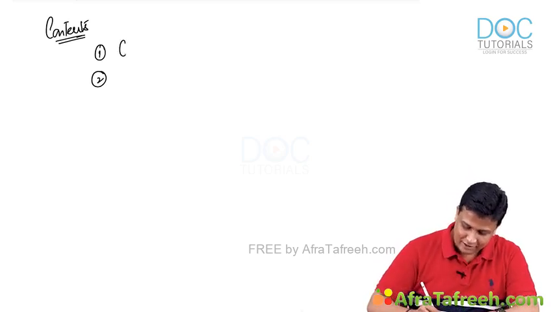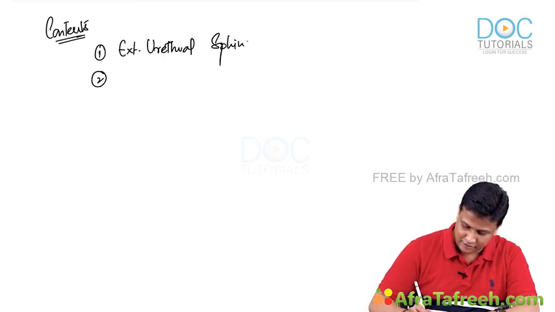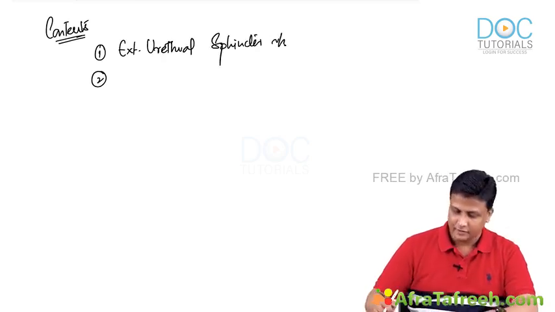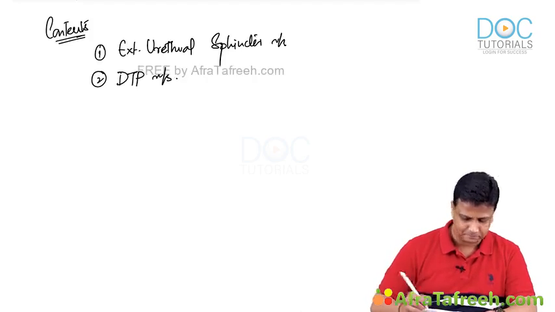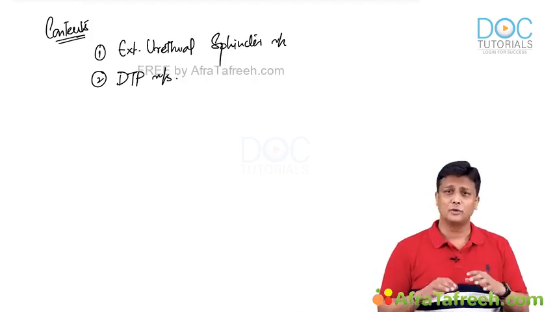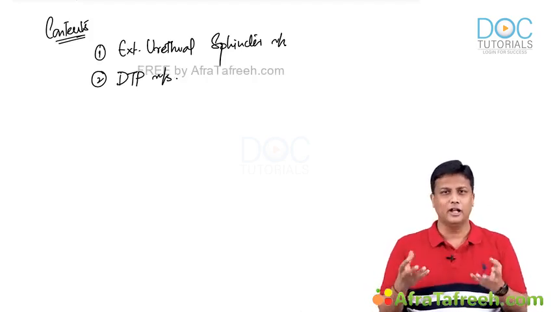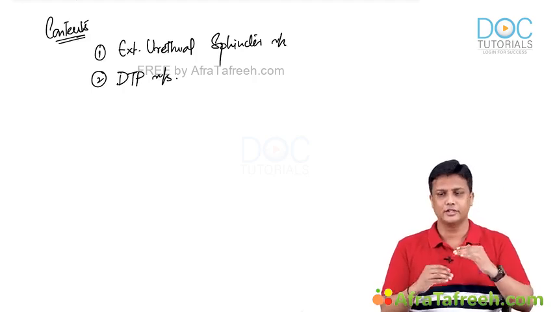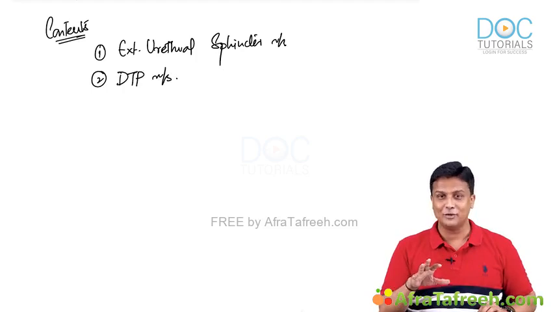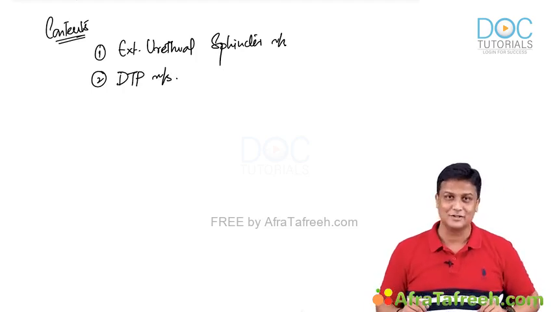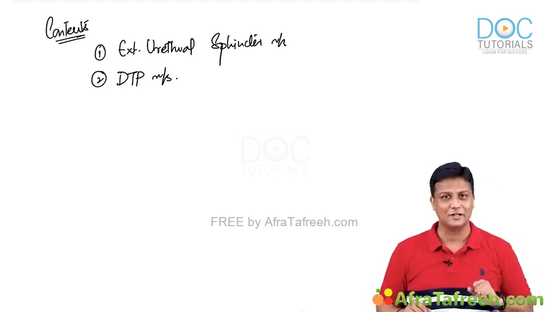One is the external urethral sphincter muscle, and another one is the DTP, deep transverse perineal muscle. So these two muscles form the urogenital diaphragm, and they are present between the two fascia. Easy to remember. And it even makes sense, in the deep perineal pouch we have the deep transverse perineal muscle.